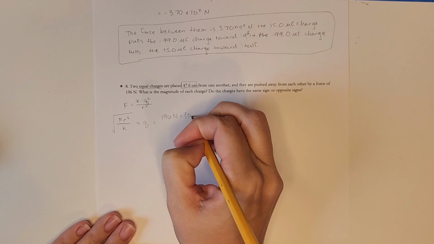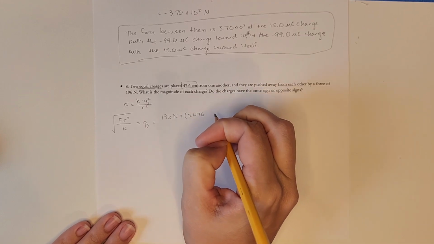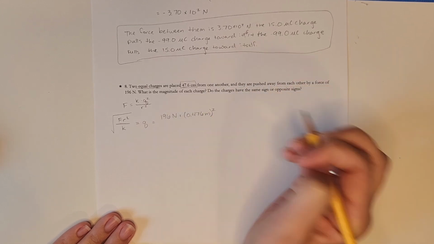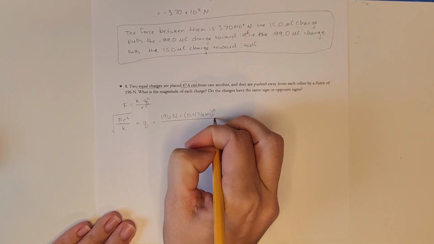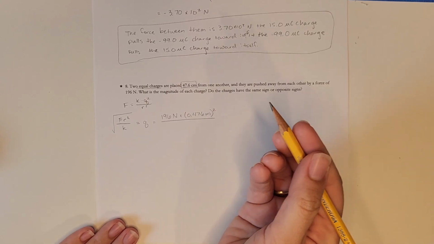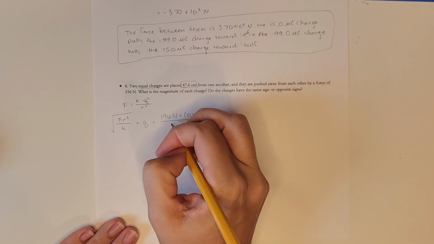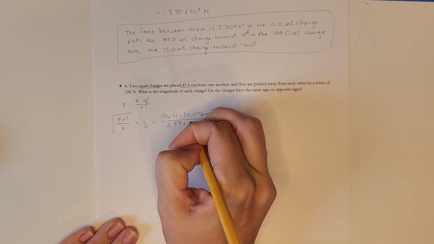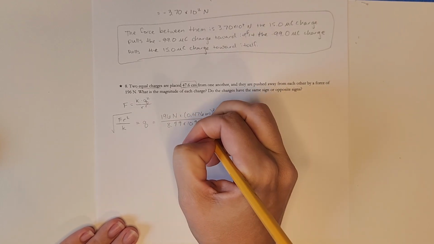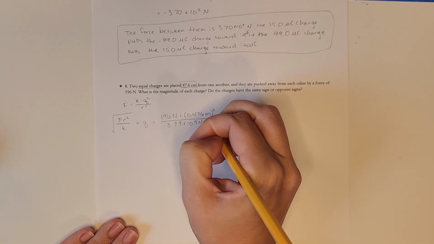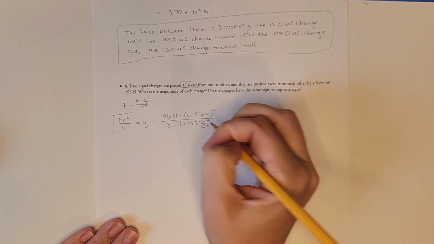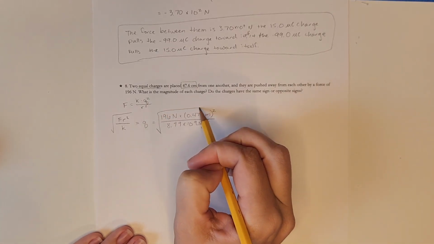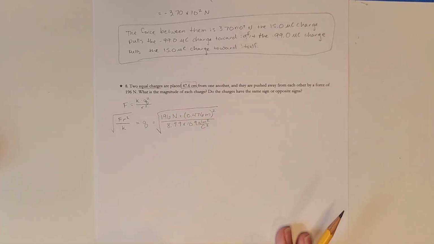So 0.476 meters, and square that, divided by our constant, 8.99 times 10 to the 9th newton meters squared over coulomb squared. Okay, and then of course we're going to take the square root of all of that.